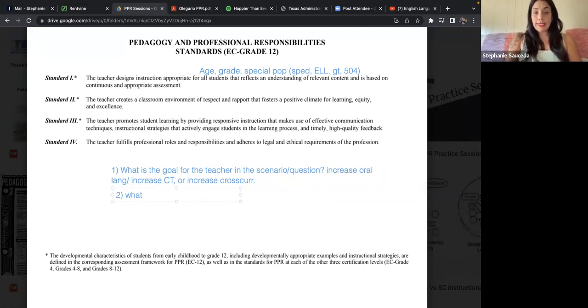Next, and this is very important because we were just talking about keywords and phrases, do you have to pay special attention to?